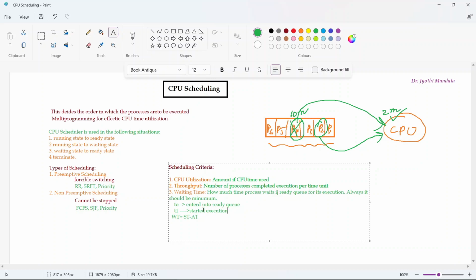That is your start time, and this is your arrival time. So the waiting time can be calculated by using this formula. All right, let us move to the next parameter. The fourth parameter is called turnaround time.